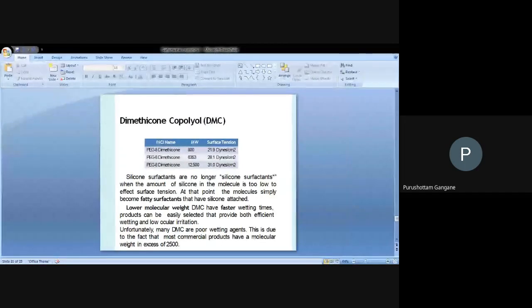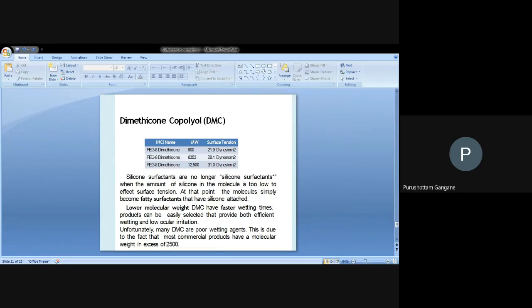PEG 400 is used as a plasticizing agent, and PEG 6000 is used as a solubilizing agent, or in solid dispersion formulation. So depending on the molecular weight and your requirement, you have to select that grade particularly.